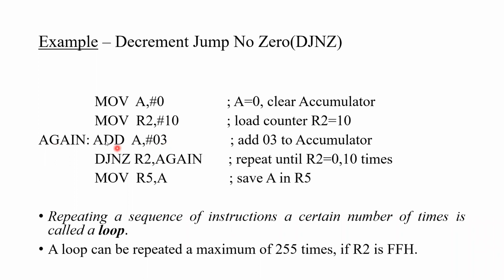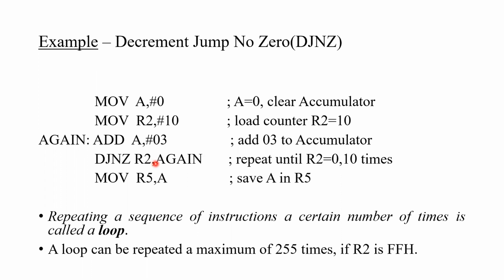How many times will this set of instructions be executed? Because R2 has a value of 0AH, that is decimal 10, these two instructions, ADD A, #03 and DJNZ, will run 10 times.